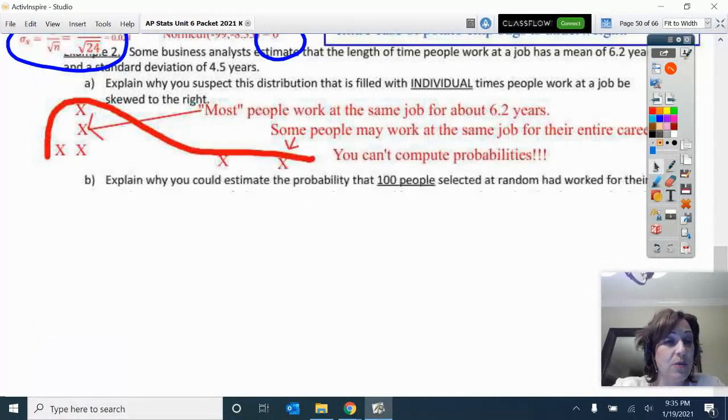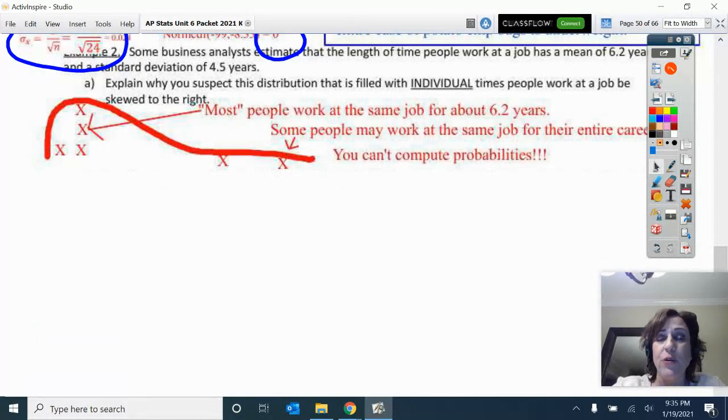Well, look at this picture I showed you of what it might look like. These X's are individual people. Most people are working at the same job for about the average of 6.2 years, which is what I did at my first teaching job, 7 years. But why is it skewed right? Here's my father-in-law.